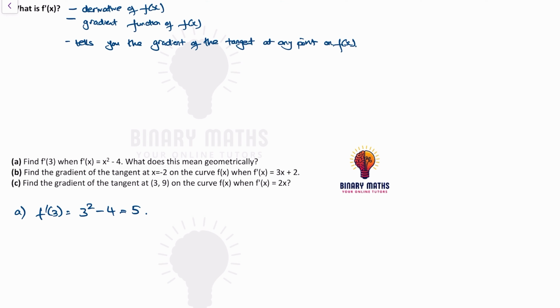So what does this tell me geometrically? This is the gradient of the tangent to f of x at x equals 3. So the gradient of the tangent to f of x at x equals 3 is 5.